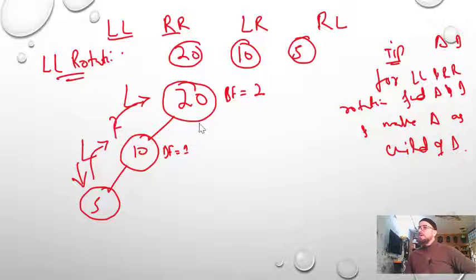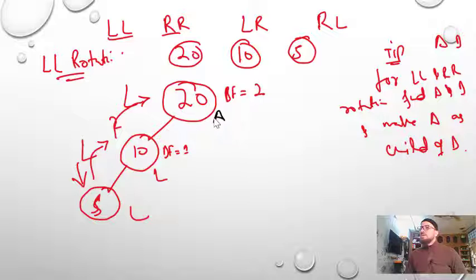Who is A, who is B? Because I got here left and left, it is a left rotation, because on the 20, which has the wrong balance factor, the node 5 was on the left of it and to the left again. So the node having the wrong balance factor is A. Let me change the color of the pen.